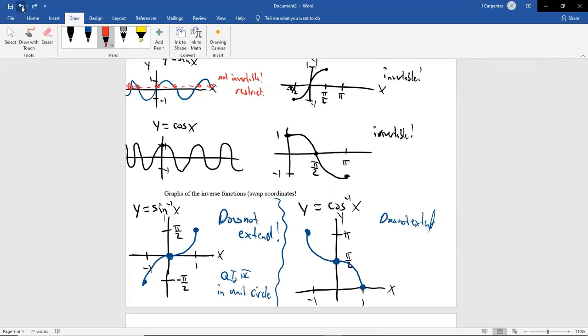So here, you're going from 0 to pi, which means we're in quadrants 1 and 2 of your unit circle. Again, the fact that sine inverse pairs with quadrants 1 and 4, and cosine inverse pairs with quadrants 1 and 2, is going to be a major issue moving forward.